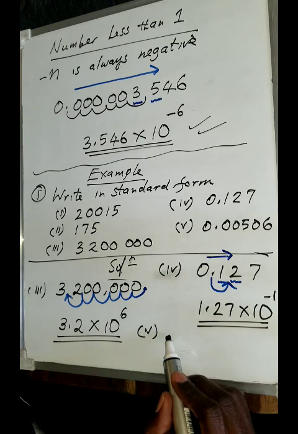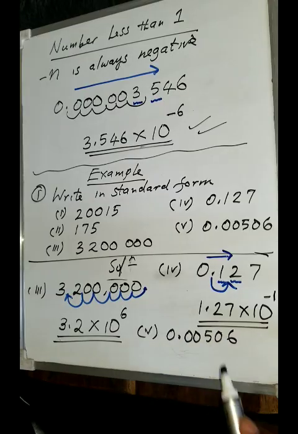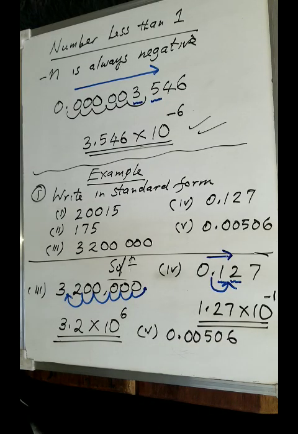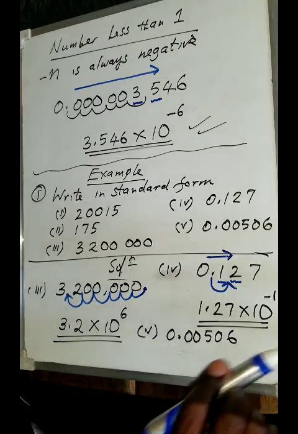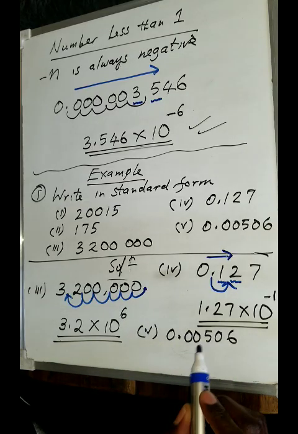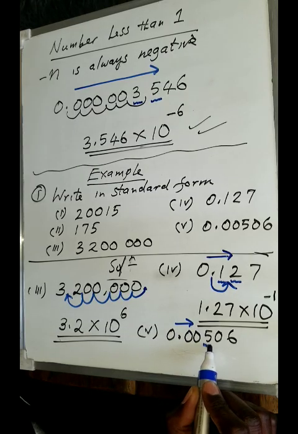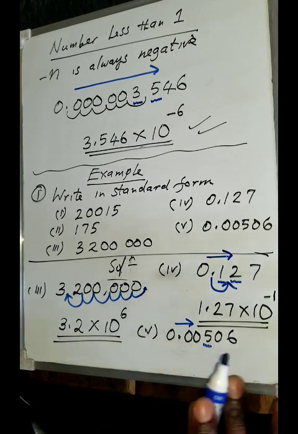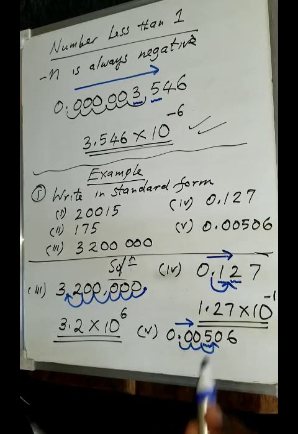The last but not the least, 0.00506. Again, we have a decimal number less than 1, so we need to move the decimal point to the right. But where are we going to stop it? The first number that you are encountering as you go to the right is a 5. So between 5 and 0, that's where you stop your decimal point. So it will be 1, 2, 3 there to stop.